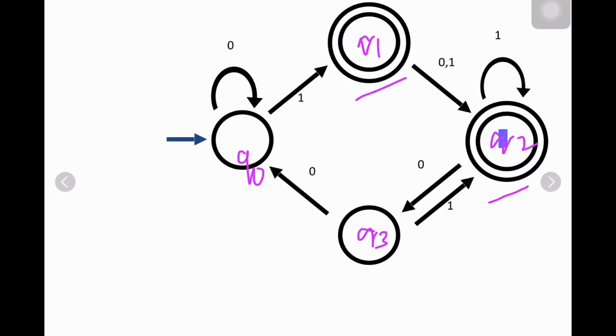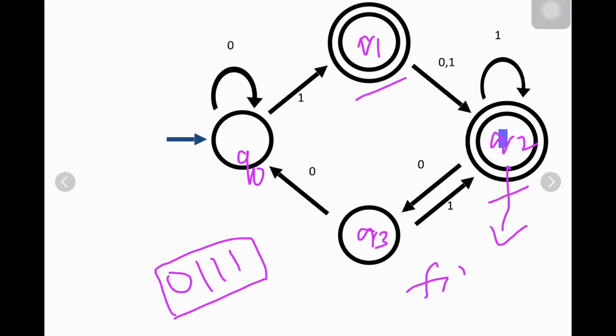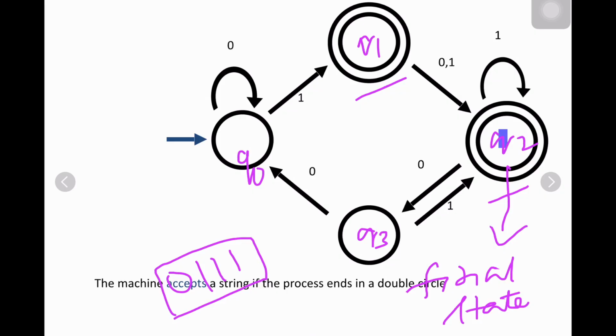That means it has been accepted. Why? Q2 is the final state. Whenever a string is processed, all the input is consumed and it lands on a final state, the given string is accepted. So the machine accepts the string.